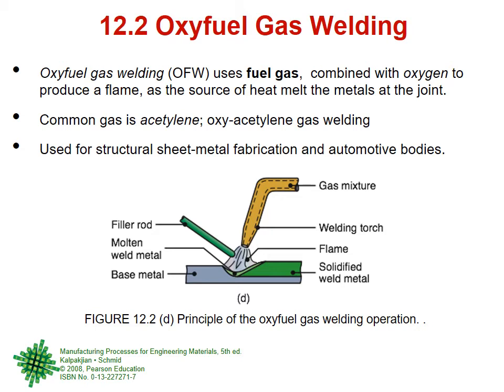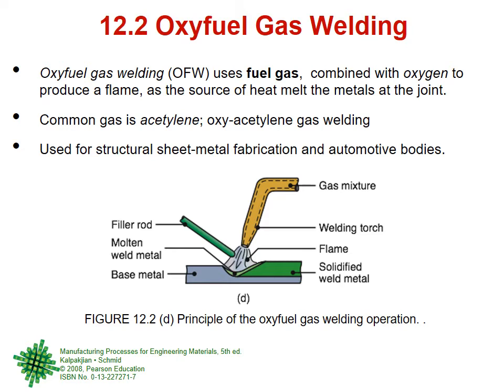Oxy fuel gas welding. So there is a fuel gas, right? There is a gas which is a fuel. It could be hydrogen, helium, whatever, and oxygen is there to help burning. Oxygen always promotes burning.